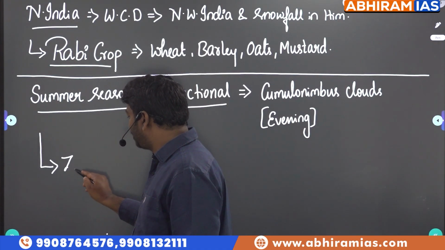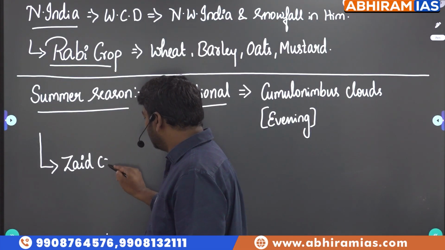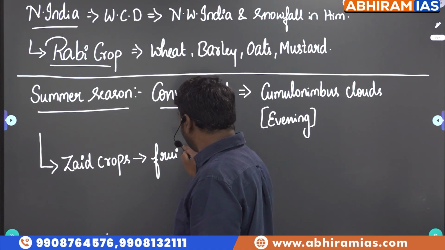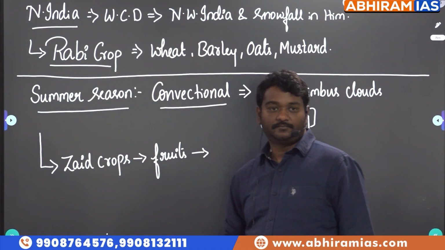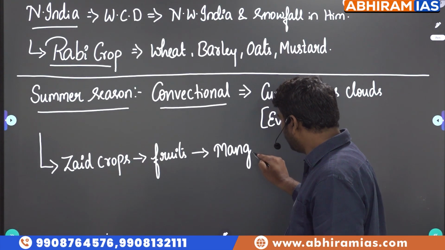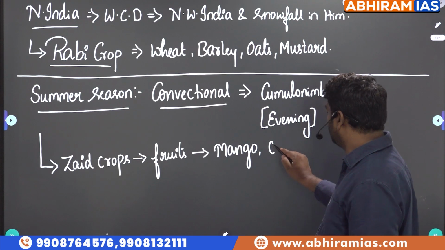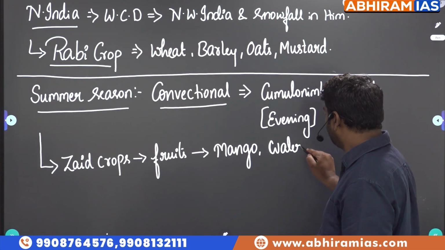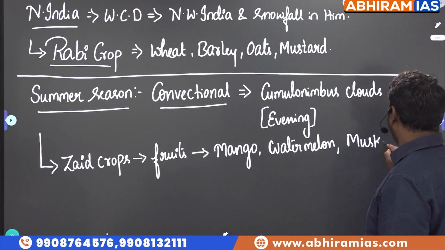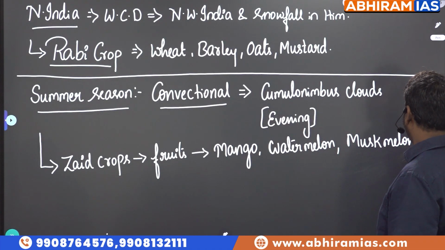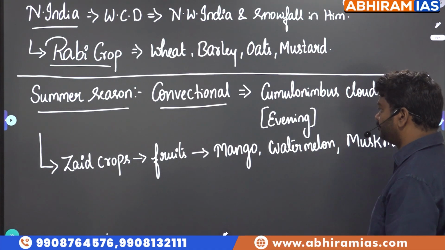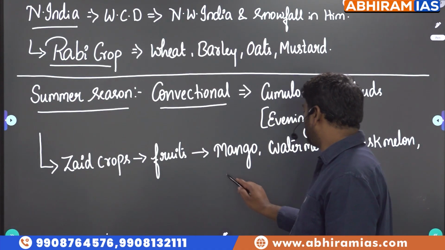Yes. Can you tell me which crops are grown during this period? Zaid crops. Zaid crops are mostly what? Fruits. Correct? What are these? Mango, watermelon, muskmelon, papaya.